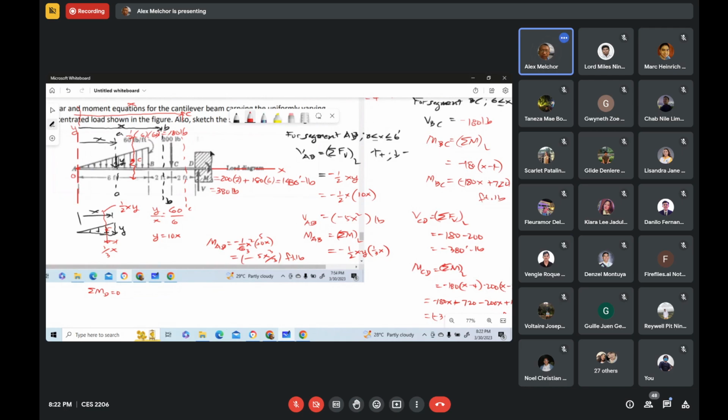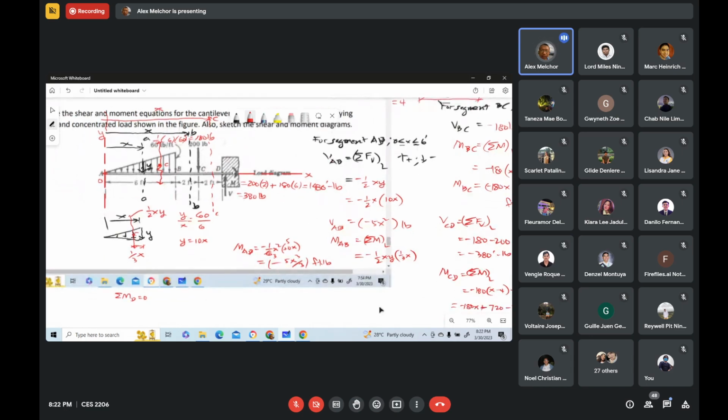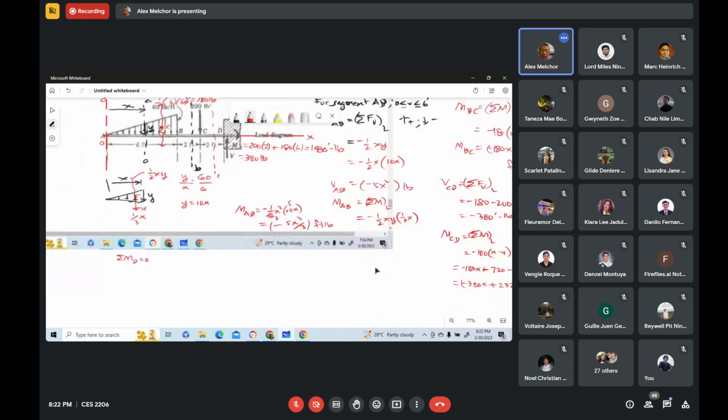Okay, we'll just draw the shear and moment diagrams.